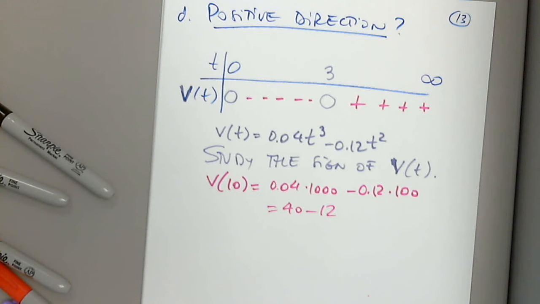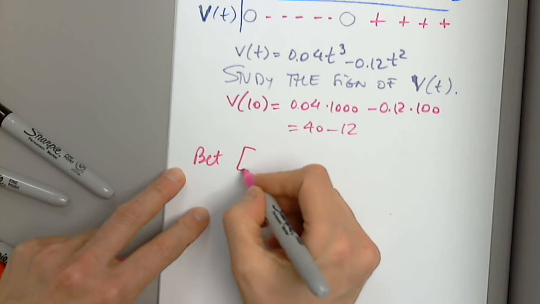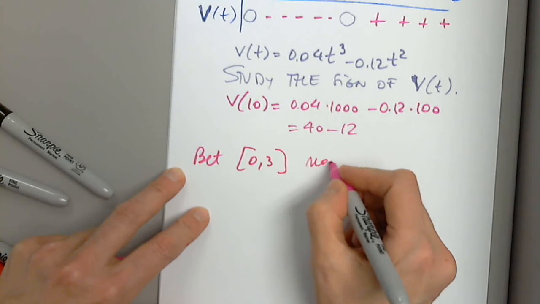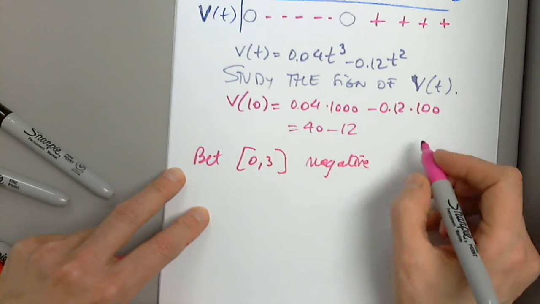What does this mean? It means that the particle starts at 0, 3 seconds pass, but it's going backwards. And then when 3 seconds are over, the particle continues to go to the right, in the positive direction, at all times. So between 0 and 3, negative direction.